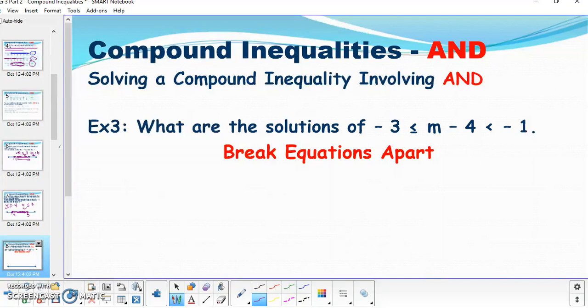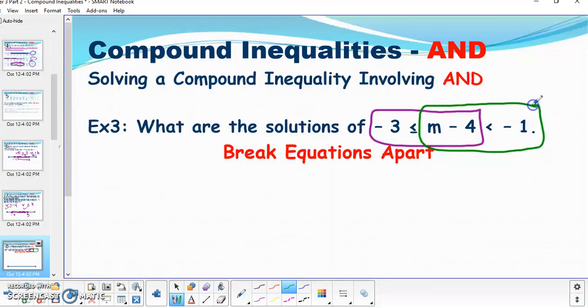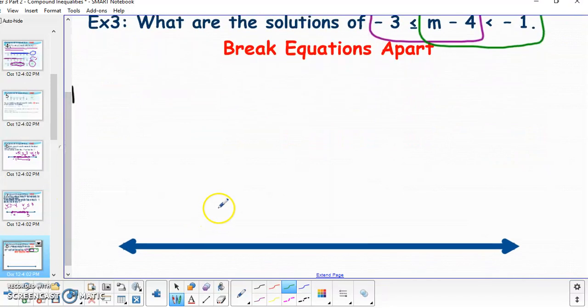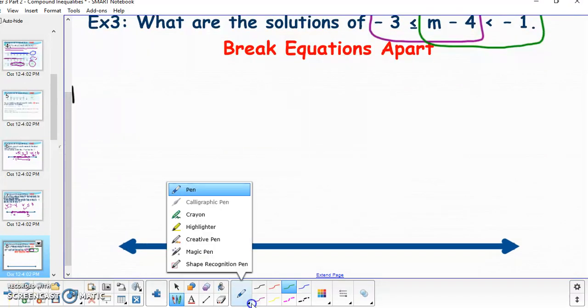So what do I mean by breaking these apart? I see this first part and I see this second part. Those are my two inequalities that overlap.